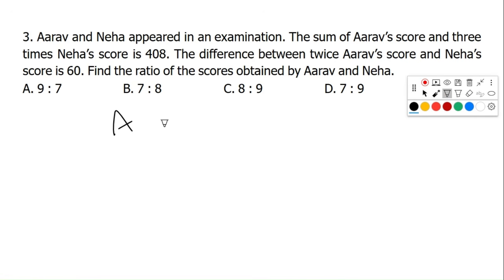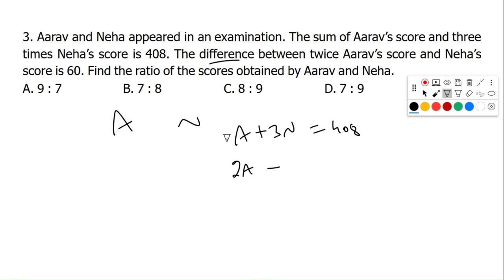Say Arav and Neha appeared in an examination. The sum of Arav's score and 3 times Neha is 408. The difference between two times of Arav and Neha's score, so what is that I have to do?